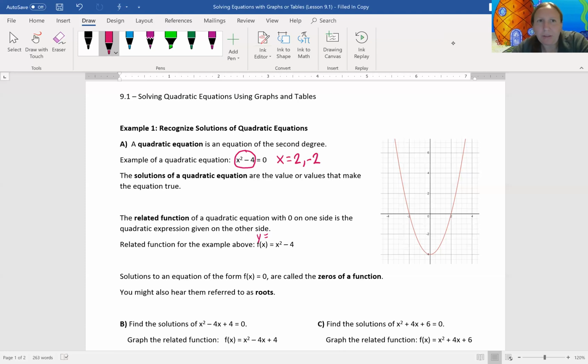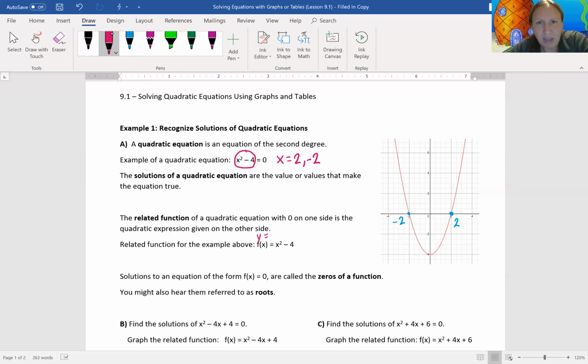What's cool about this is if you take a look at our graph, we have our vertex down here. It also happens to be the y-intercept, but I want to focus on those x-intercepts. The x-intercepts of this graph are 2 and negative 2, which, if we go back to that equation we solved above, those were the answers. And this totally makes sense if you think about it.